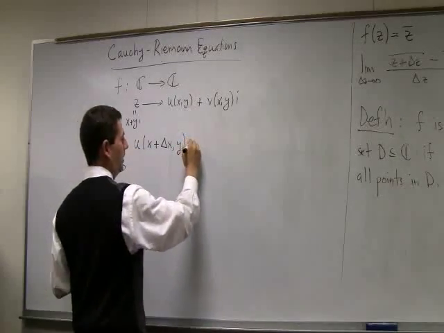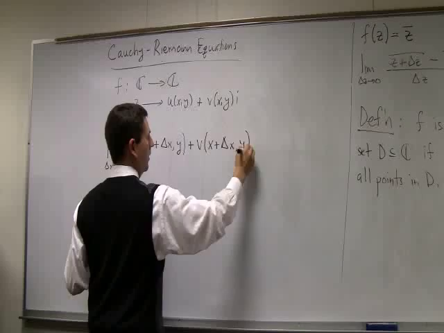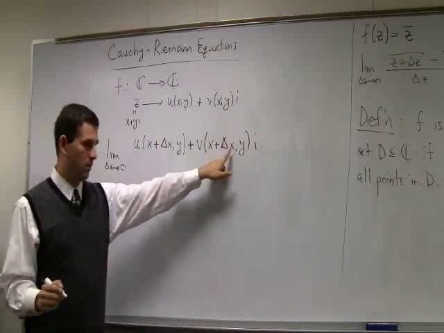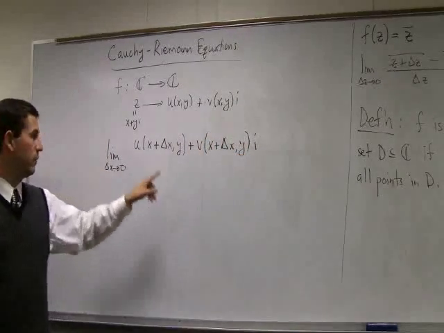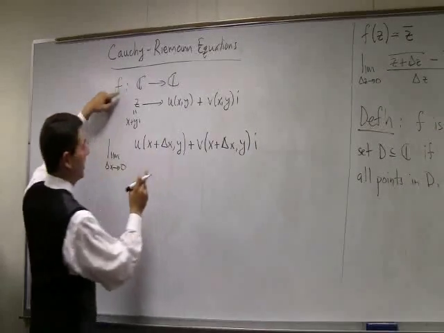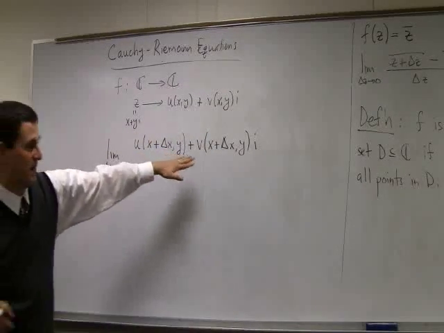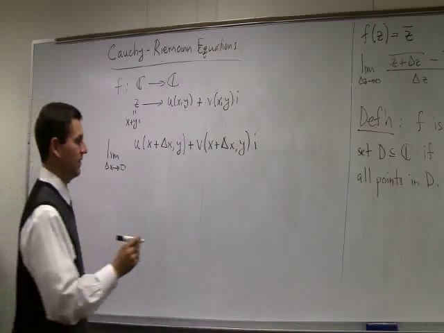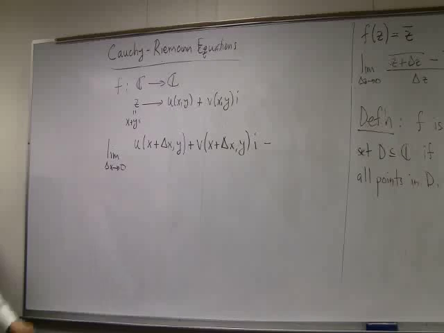And now I need the v part. Again, the x is allowed to change, but the y stays fixed, and then you get this i. So I've just rewritten f of z naught, where z is x plus iy, using this notation. This is just the first bit; I haven't even got to the minus sign. Now the minus sign is much easier.